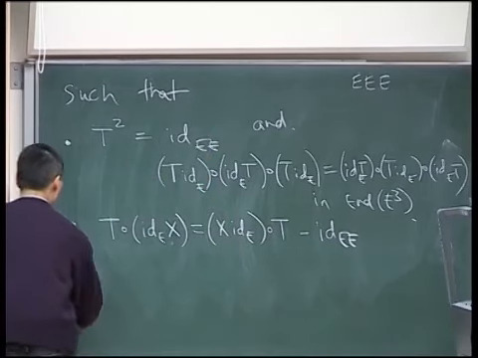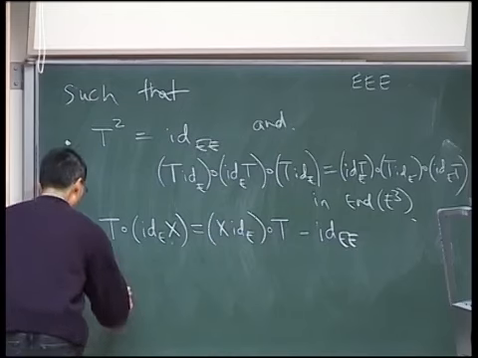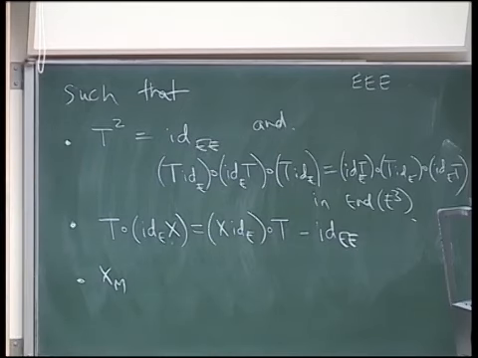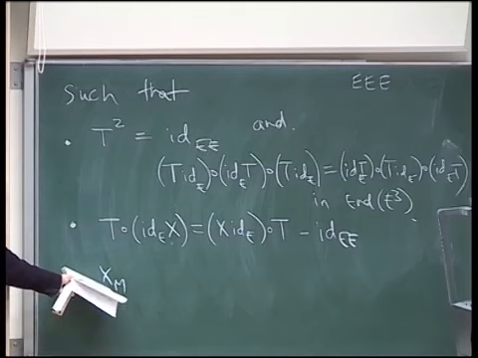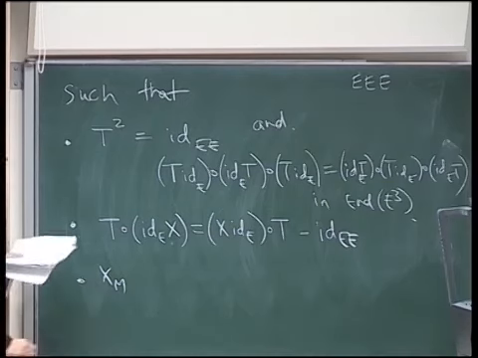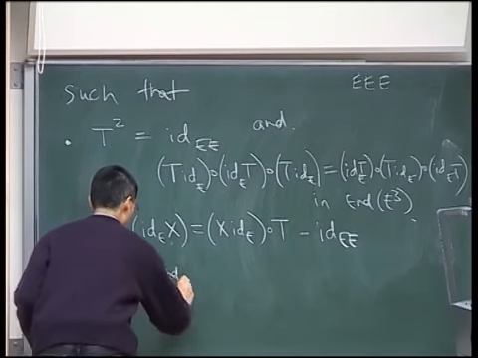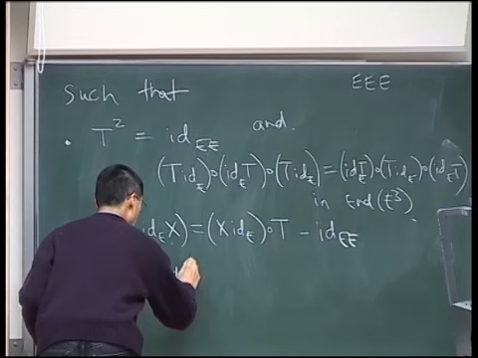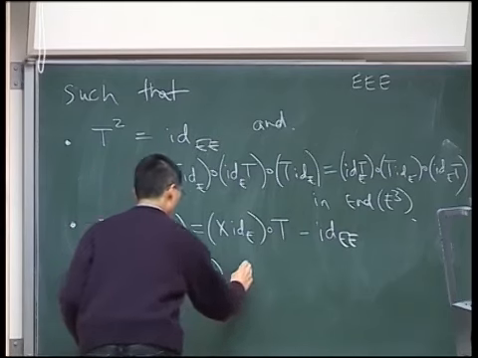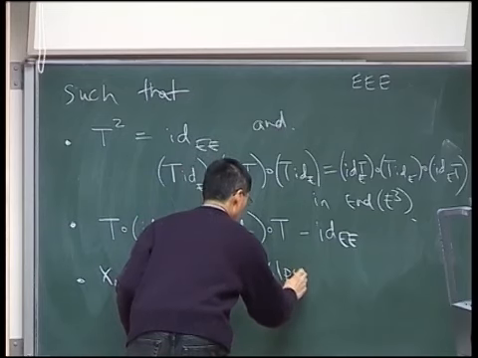Okay, and then finally, we ask that X is locally nilpotent. So on any object M, X acts nilpotently.